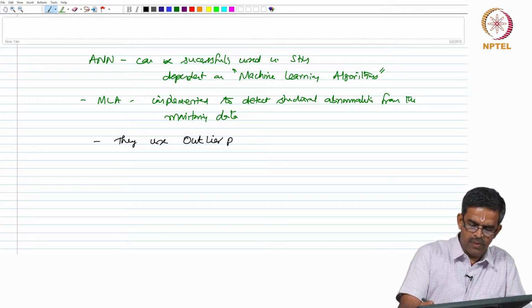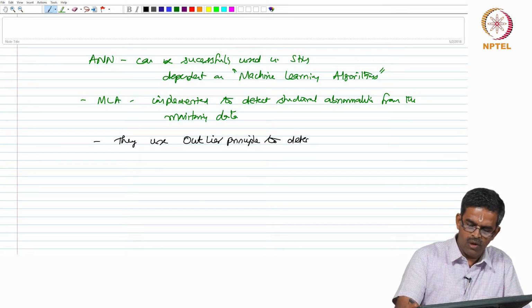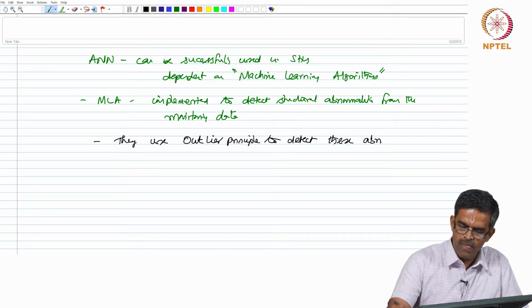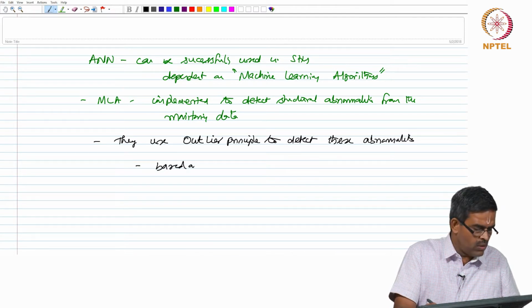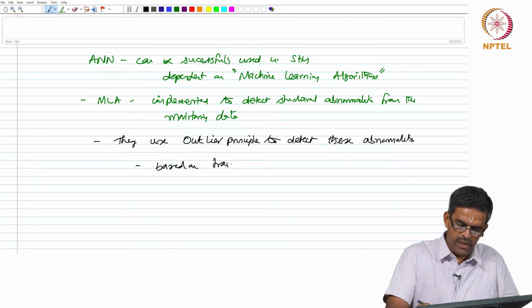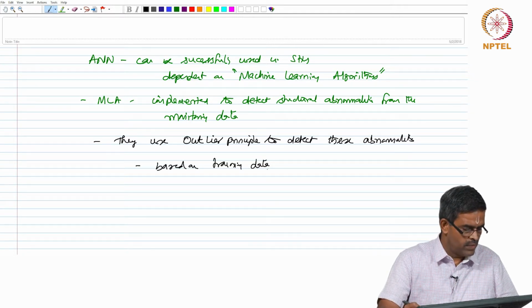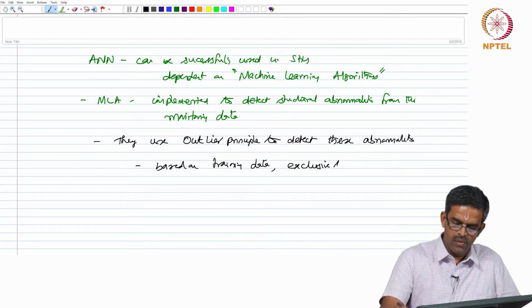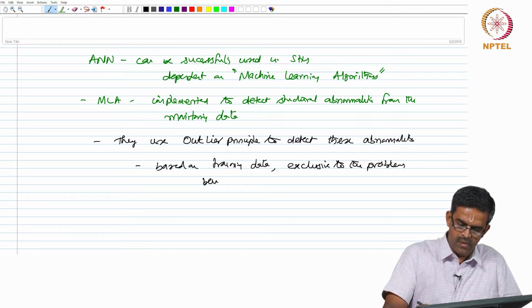Outlier principle is used to detect these abnormalities. It is based on the training data which is exclusive to the problem being solved.